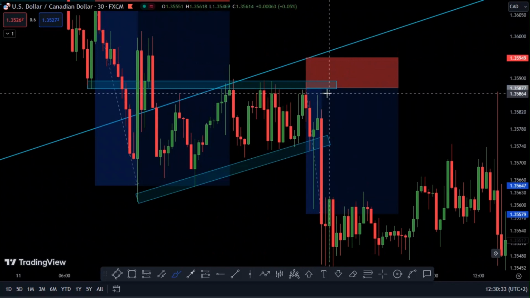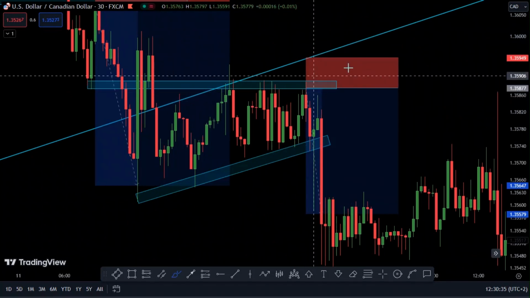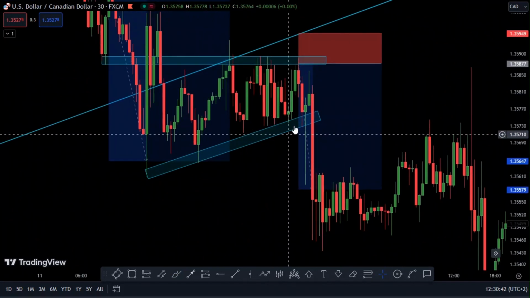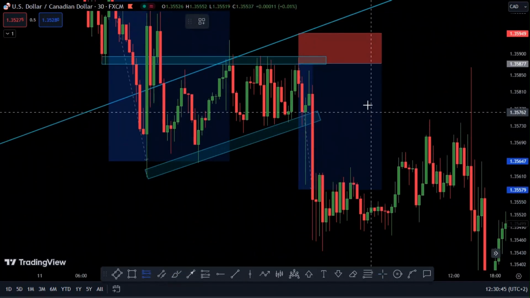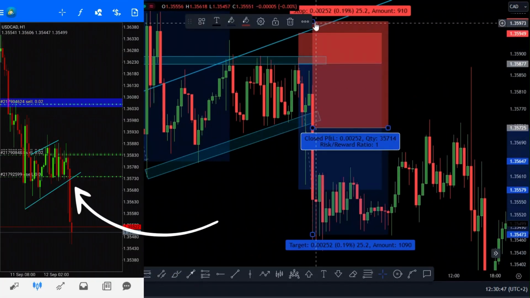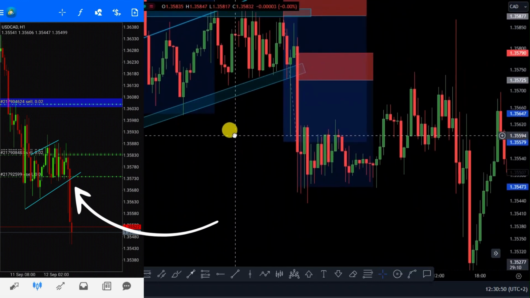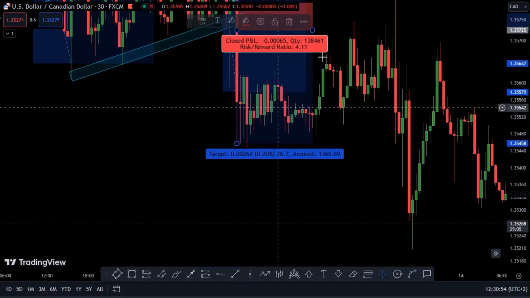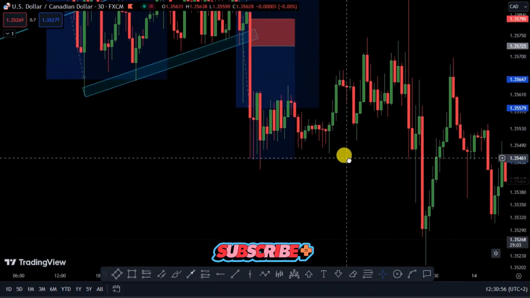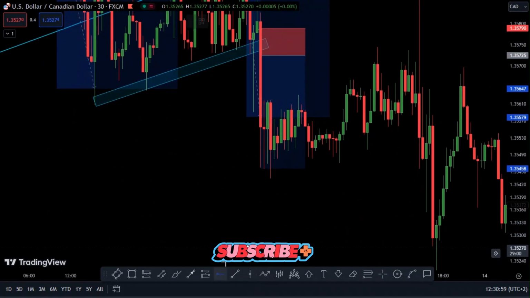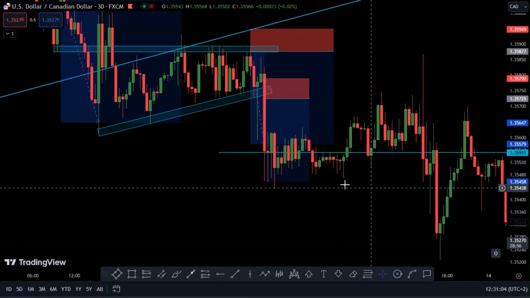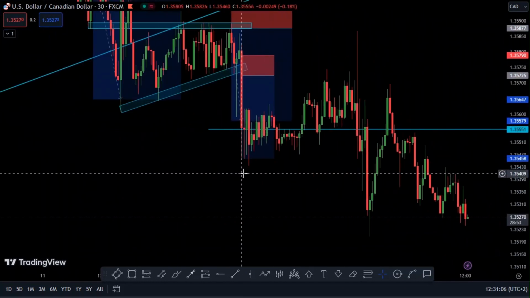But fortunately, the market didn't go to that resistance. It dropped. So I also entered somewhere here after this breakout, with other selling opportunities, and then this is where we closed. I think I closed the profits here.